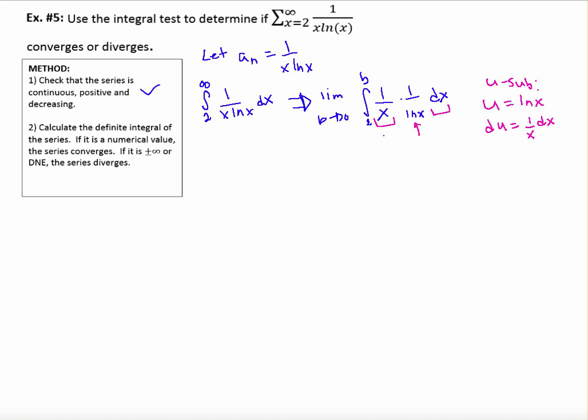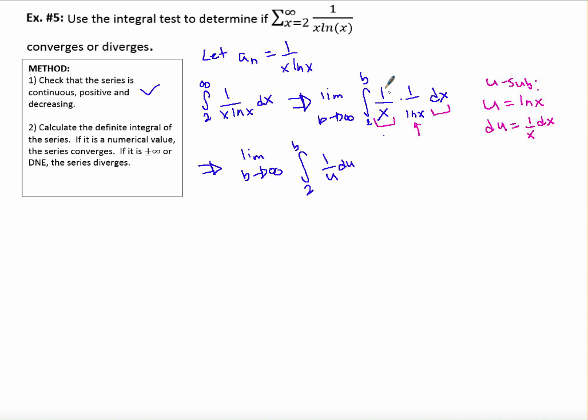So let's rewrite this using our u-substitution. I've got the limit as b goes to infinity, my infinity symbol got kind of weird looking there, of the integral from 2 to b of 1 over u du.